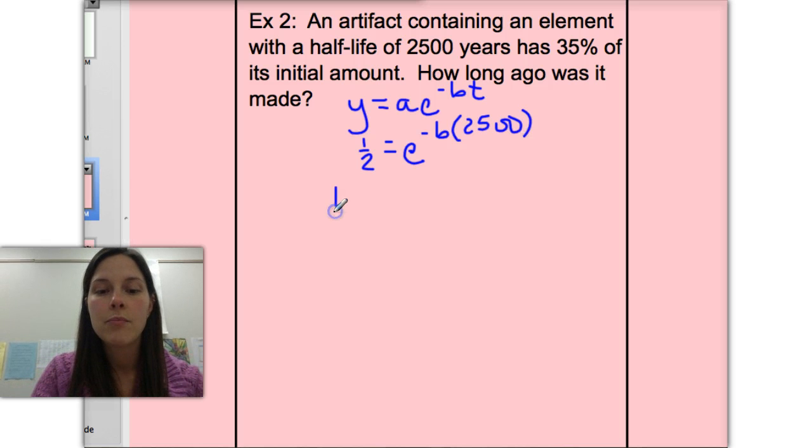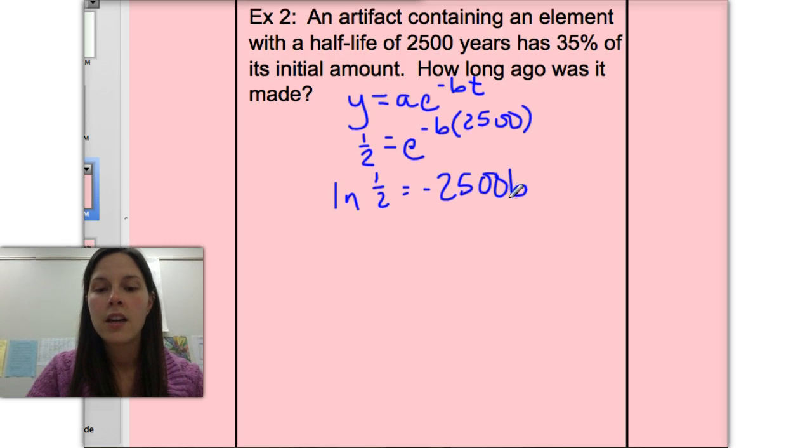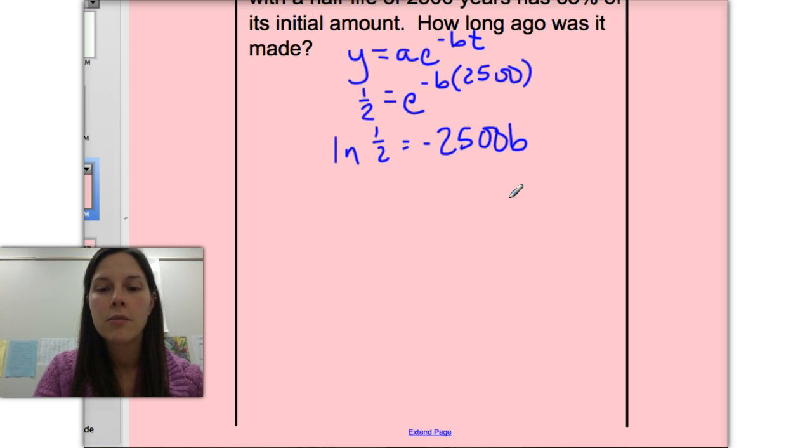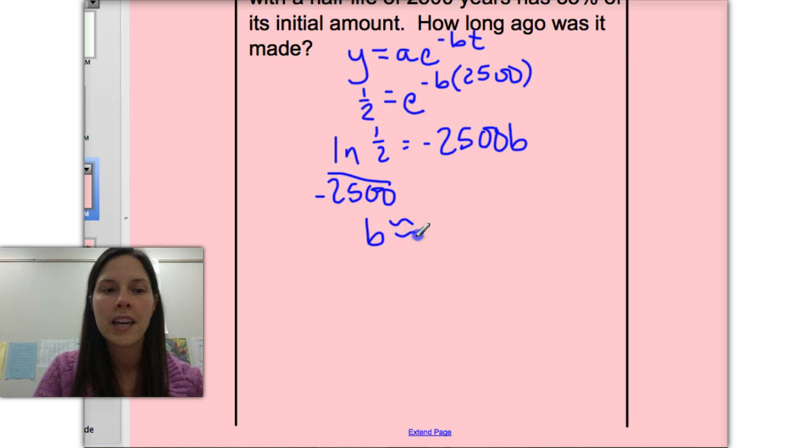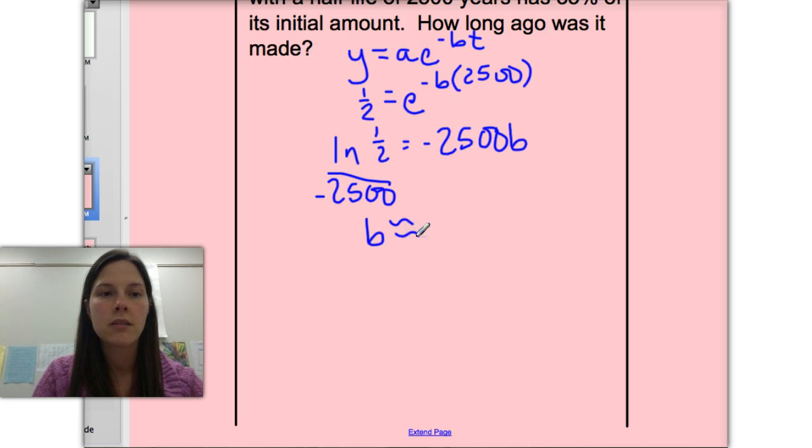So again, canceling that base e, we're going to take the natural log of both sides, rewriting that 2,500 as a coefficient of b, and then dividing both sides by negative 2,500. We get a b value, or a decay constant, of approximately 0.000277.